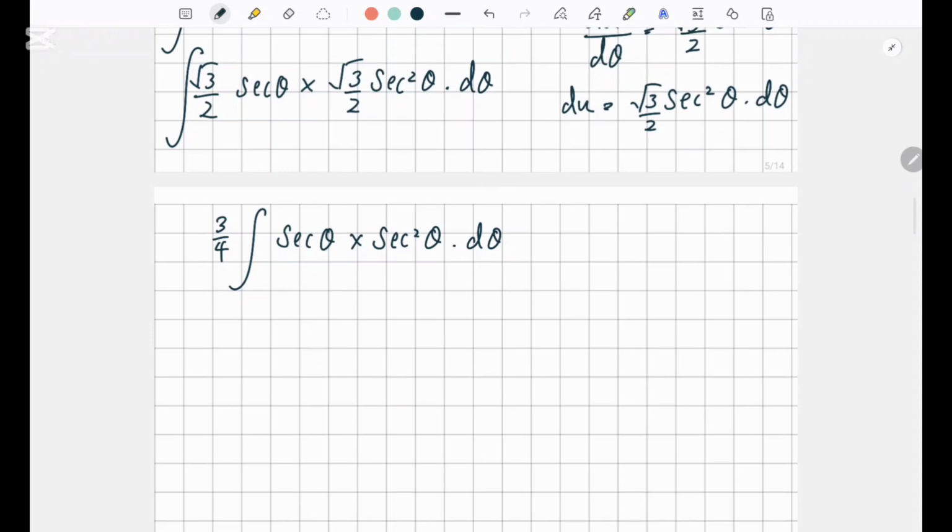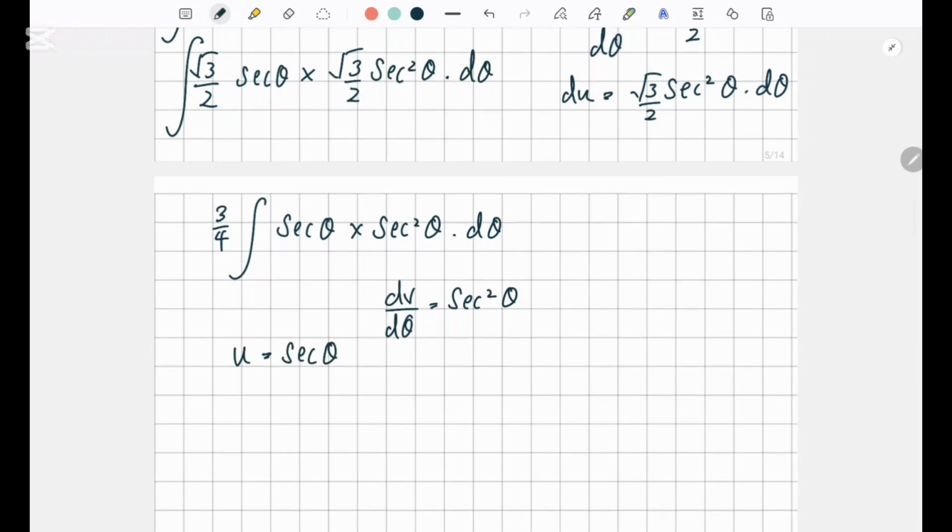Now the reason I wrote it down like this is I'm going to take integration by parts. So I'm going to take dv over d theta as sec squared theta, as you can easily integrate that, and I'm going to take u as sec theta.